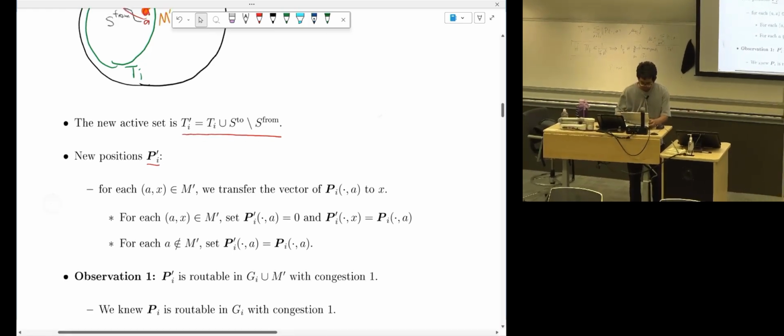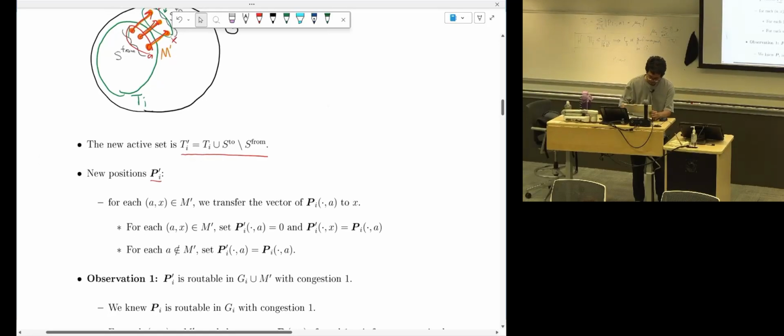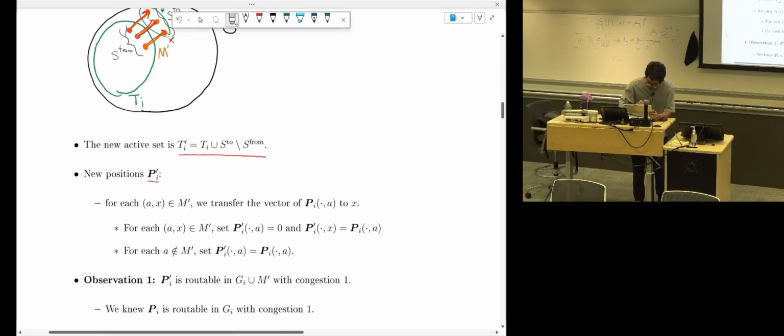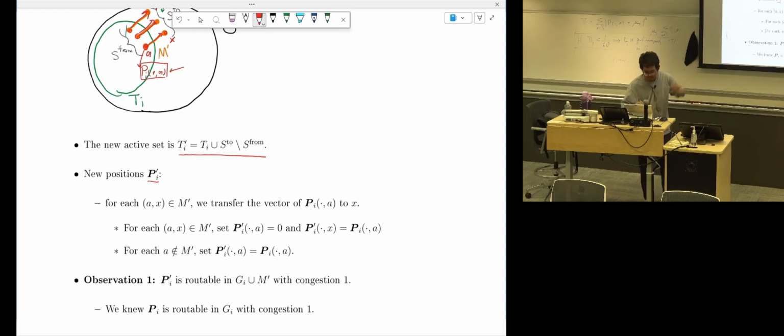So what happened, right? Suppose this is A, this is X. What we really need to do is make sure that whatever mass distribution is at A should now be at X. The total unit of mass at A is of size 1, right?